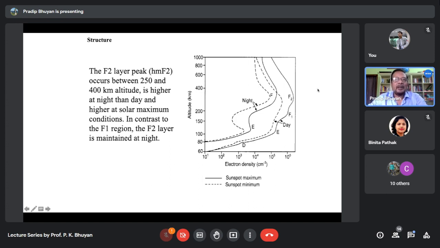Okay, so here, suppose you sit on a rocket and start measuring the density. You can have a density measurement with different types of instruments. There are Langmuir probes and other things which maybe we will mention after a few classes, how the ionospheric parameters are measured.